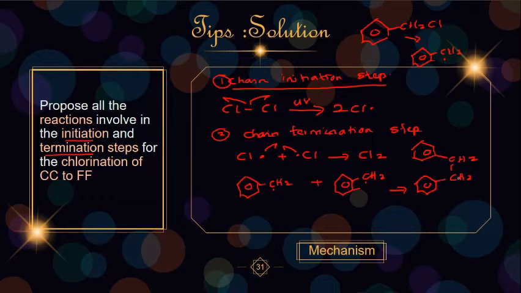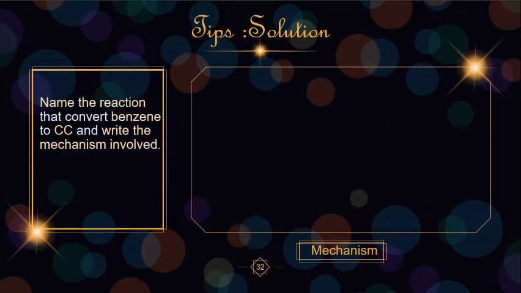Okay, this is actually for the termination step. Another one is CH2 dot plus Cl dot, a free radical. So you can find one is CH2Cl. So this is for the termination step.